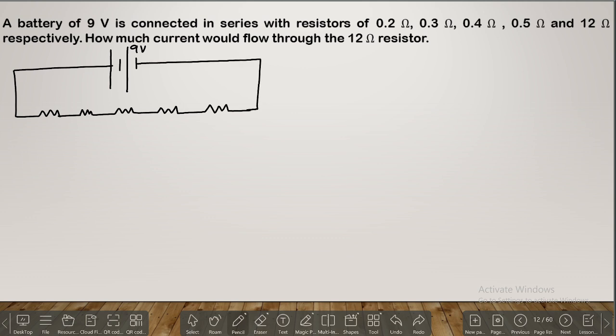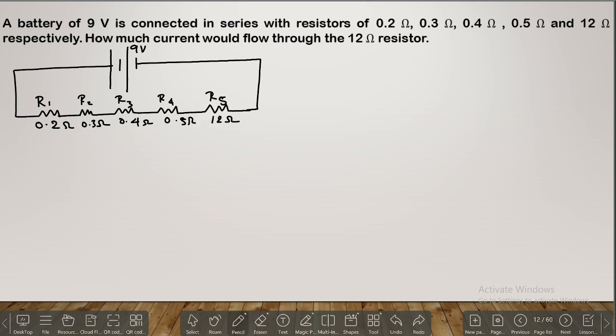All 5 resistors are connected in series. R1 is 0.2 ohm, R2 is 0.3 ohm, R3 is 0.4 ohm, R4 is 0.5 ohm, and R5 is 12 ohm.